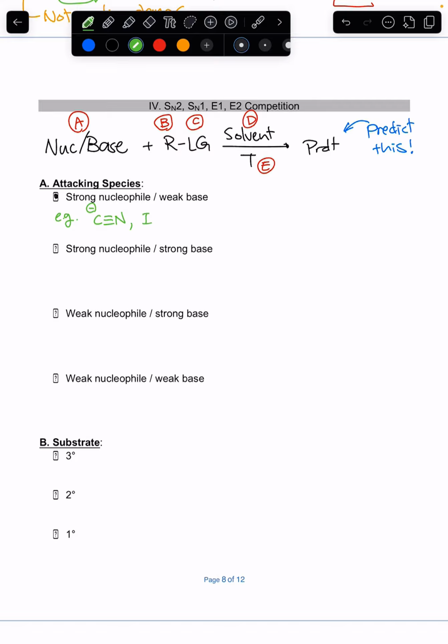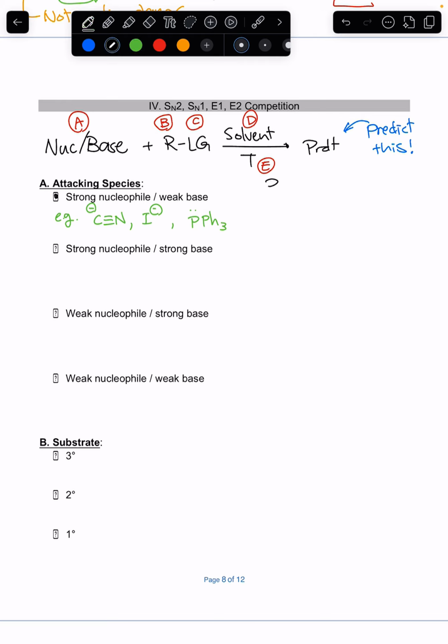And iodide is a very good nucleophile, but it is not at all basic. And same thing with phosphines. Here's a triphenylphosphine molecule. These are great nucleophiles, but not very strongly basic at all.